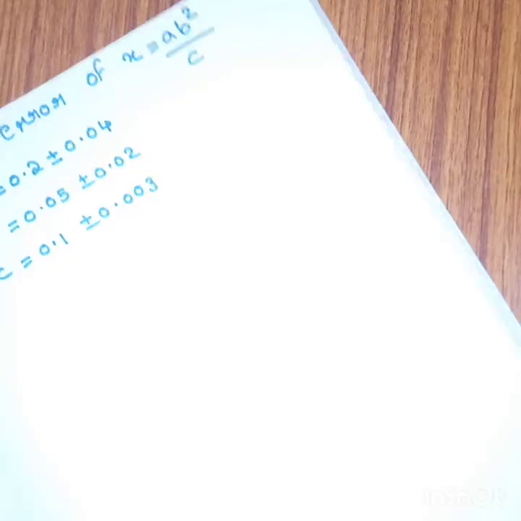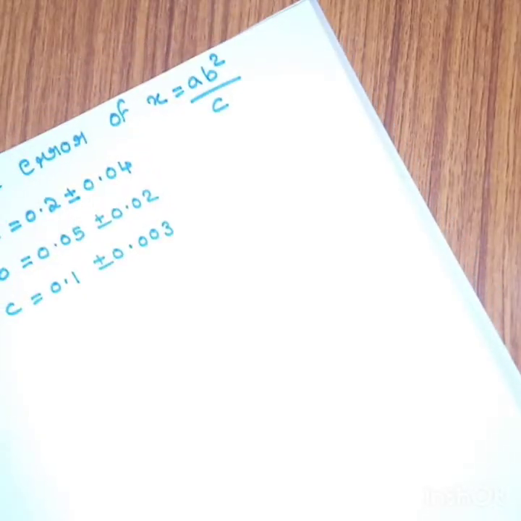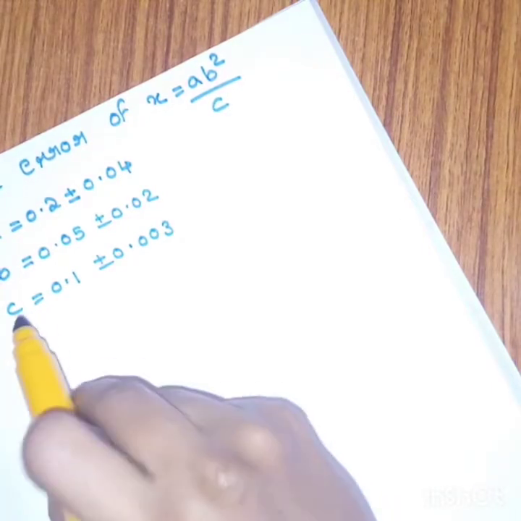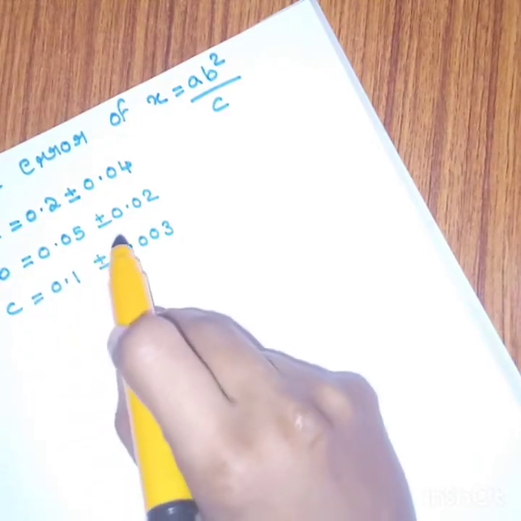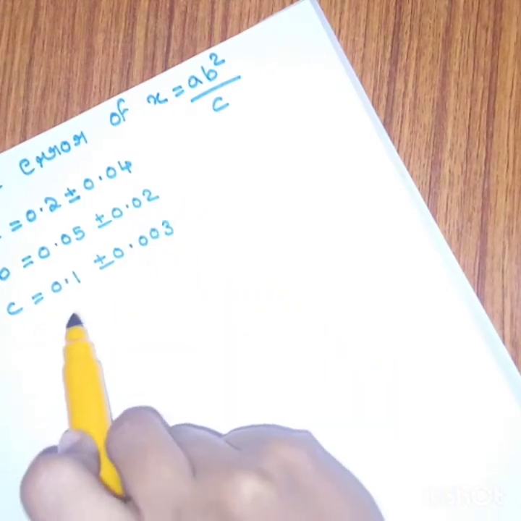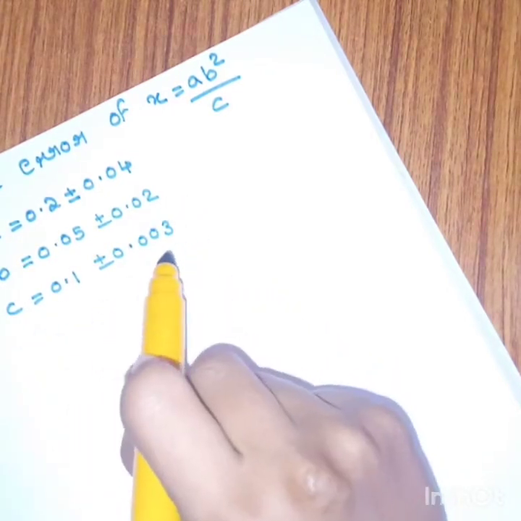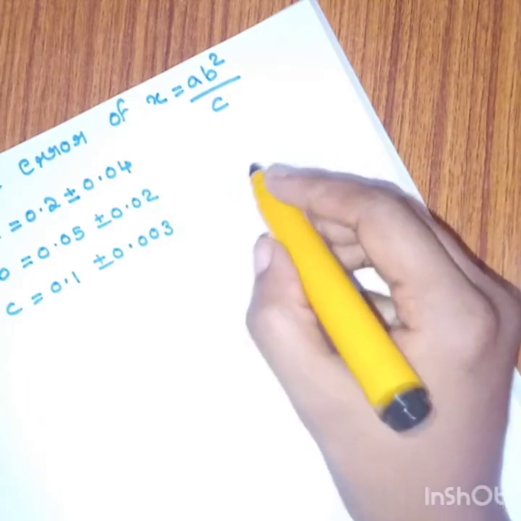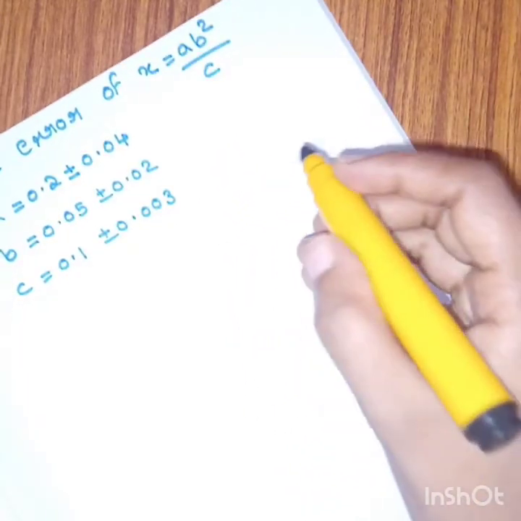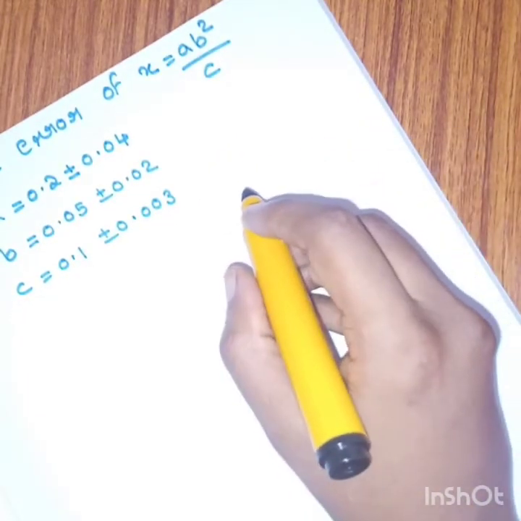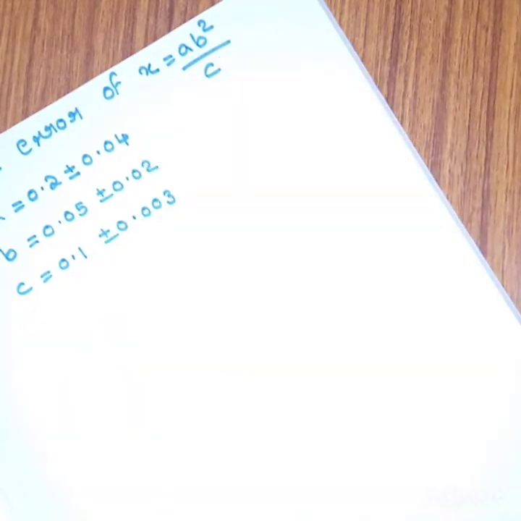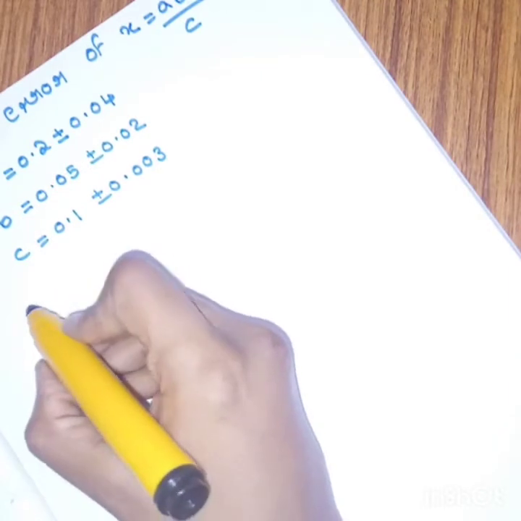Next we discuss a question. The relative error of x is equal to ab square by c, where a is equal to 0.2 plus or minus 0.04, b is equal to 0.05 plus or minus 0.02, c is equal to 0.1 plus or minus 0.003. It is easy to rewrite this in decimal form.